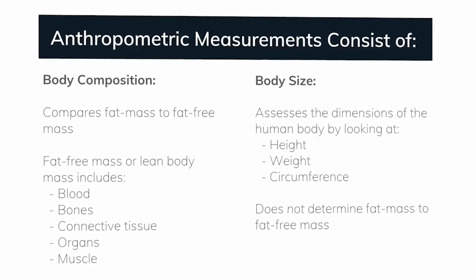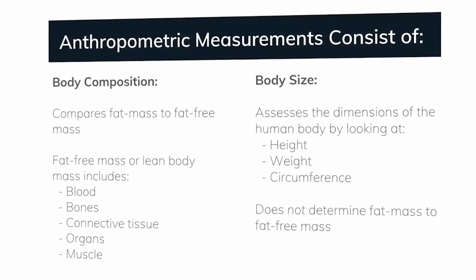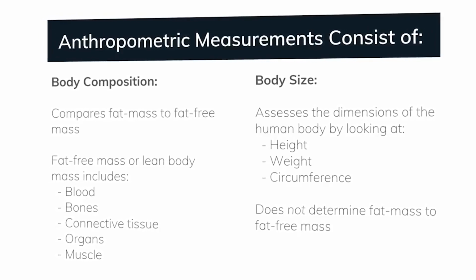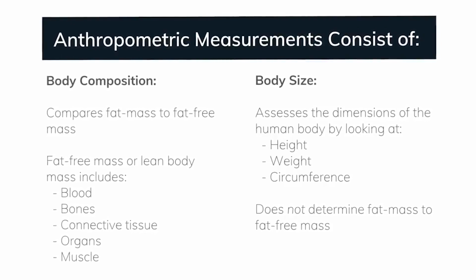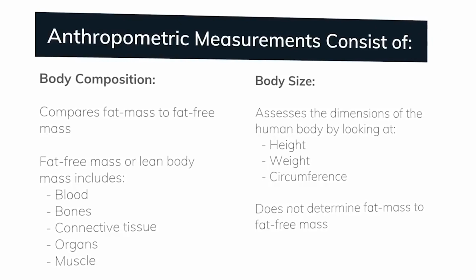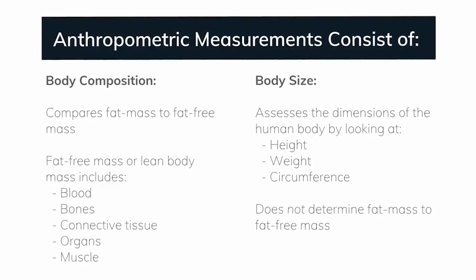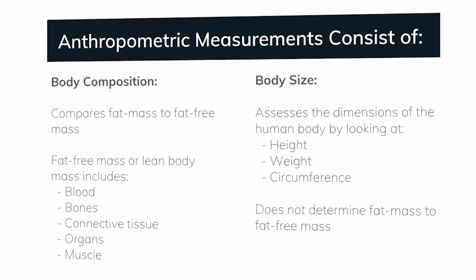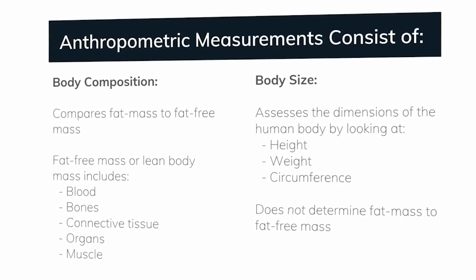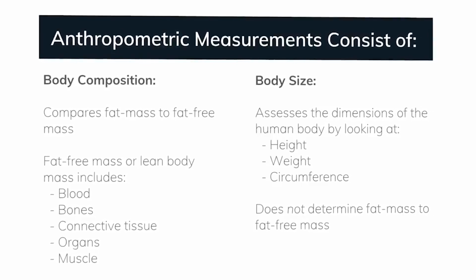Body composition identifies the relative percentages of fat mass to fat-free mass. With this type of measurement, we are simply trying to identify the difference between fat mass and fat-free mass in the body. On the other hand, body size assesses the dimensions of the human body by looking at the height, weight, and circumference.